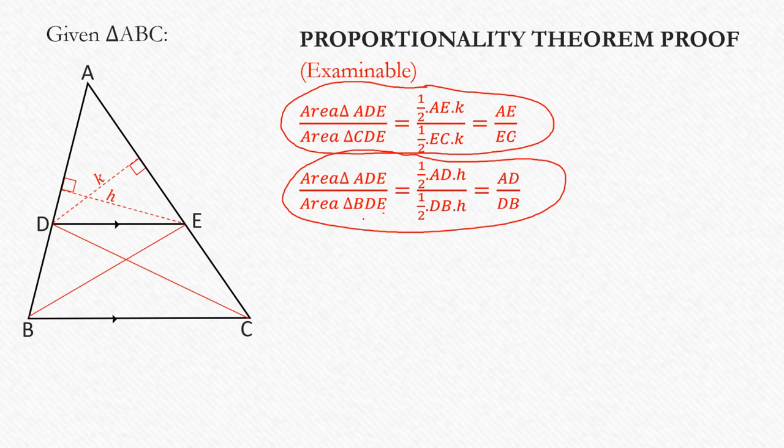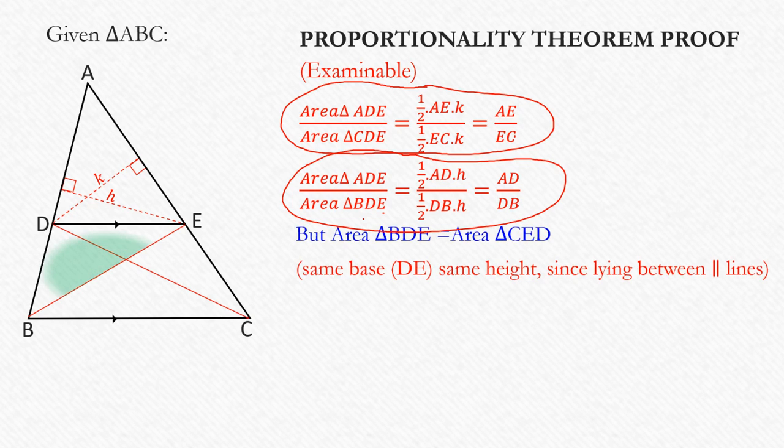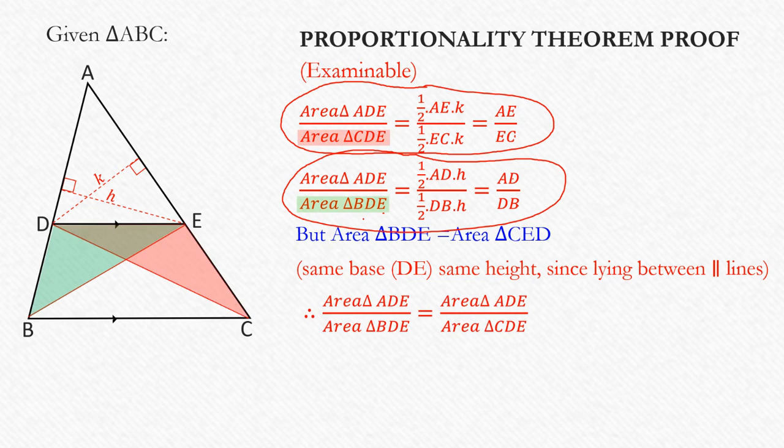Can you check that? Why do they have the same area? Because they have the same base. If you check here, they have the same base. We say the base is DE there, and they are lying between parallel lines.